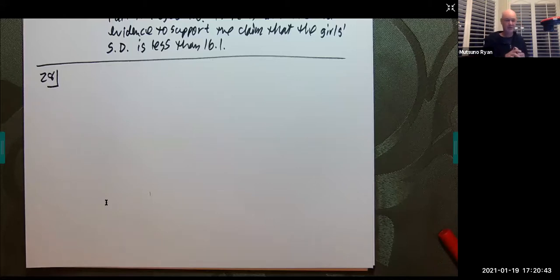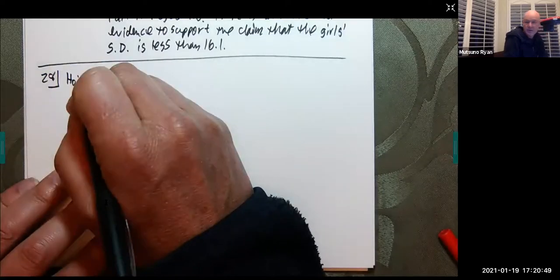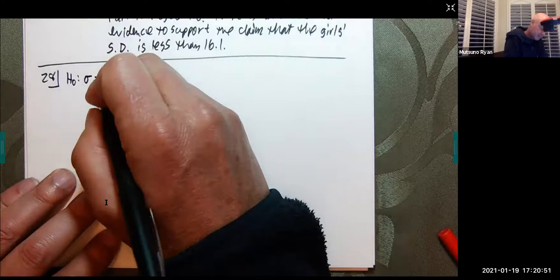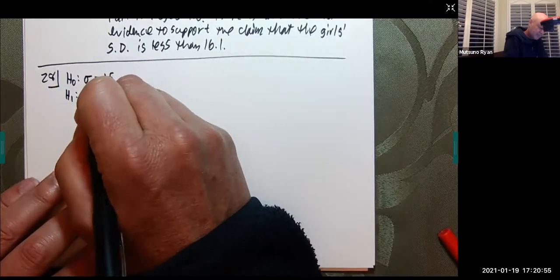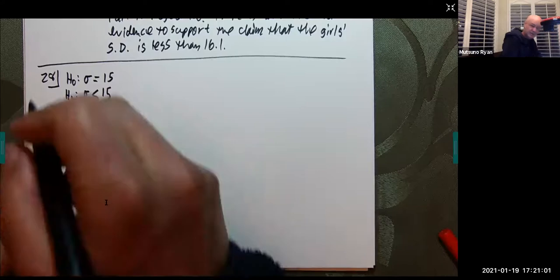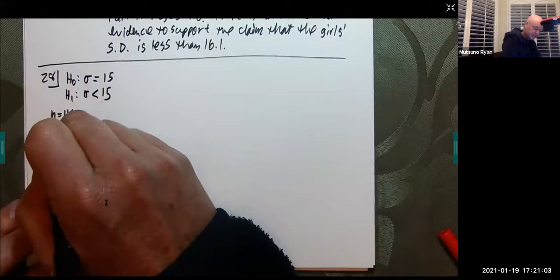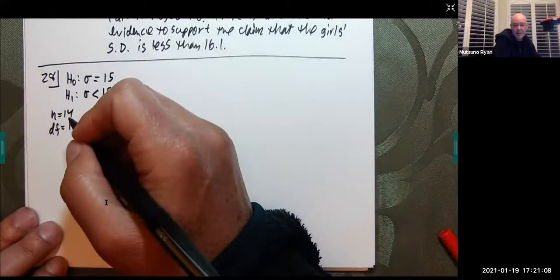There's a lot going on there. Let's start with our null hypothesis. So the claim is that it's less than 15. They give us n, which is 14, which means our degrees of freedom is 13.